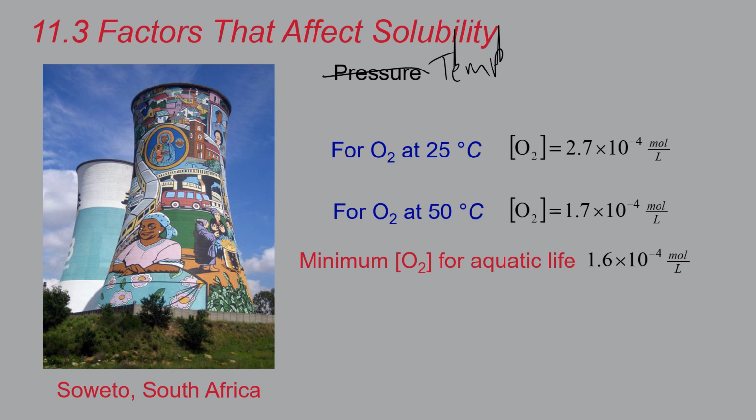And so this process is called thermal pollution. It's because the solubility of gases, in this case oxygen, goes down with temperature, and this would make that lake or that river unlivable for aquatic life if you didn't actively put the oxygen back in. All right, so that's it for this time, and we will see you next time.